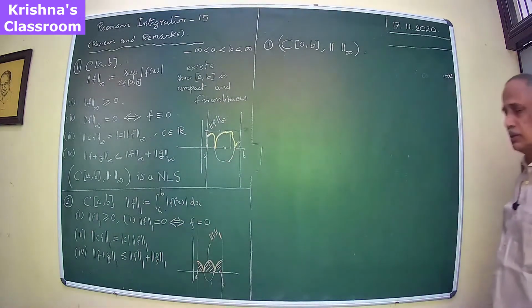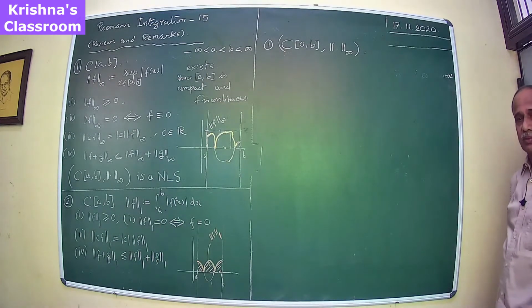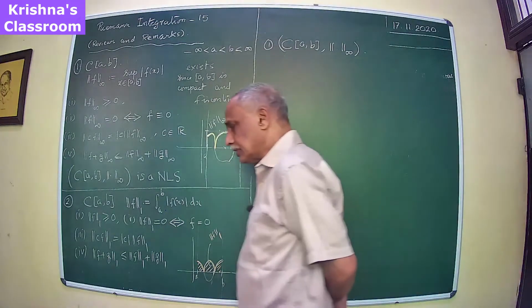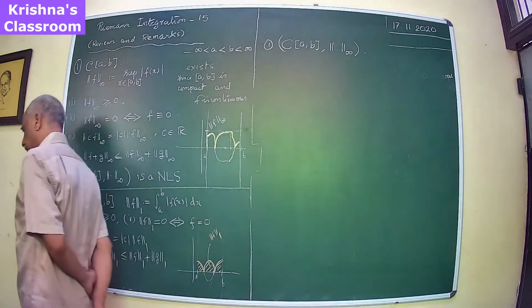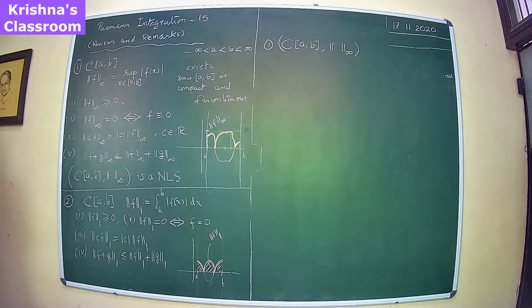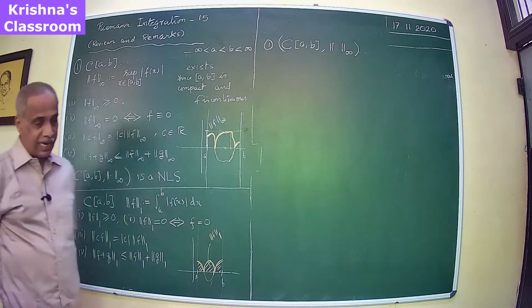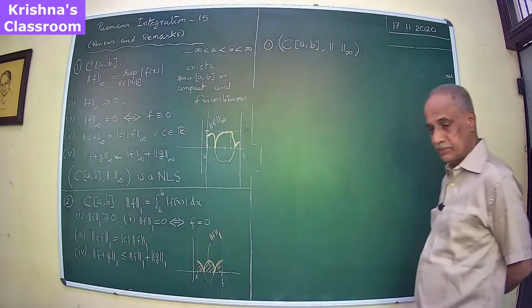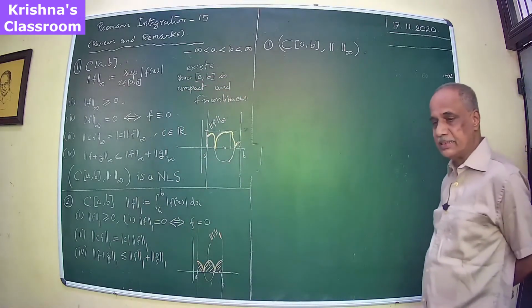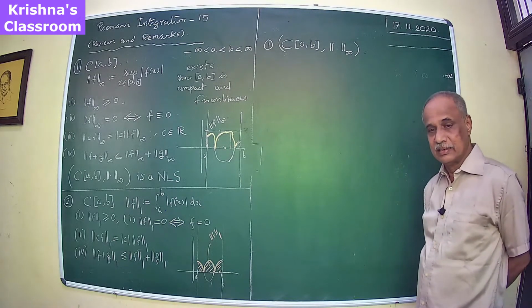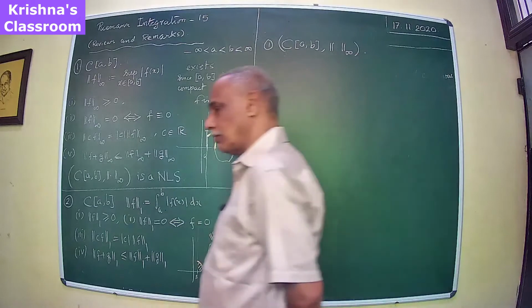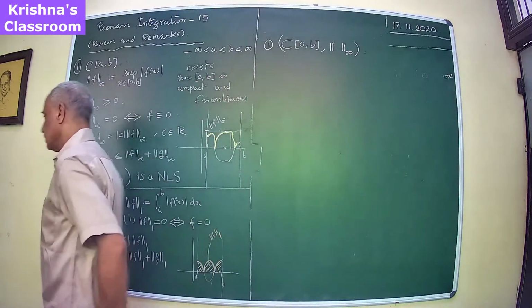Namely, what is completeness? If you have a convergent sequence of elements in C[a,b], does the limit exist in C[a,b] itself? Now this is the problem of completeness.